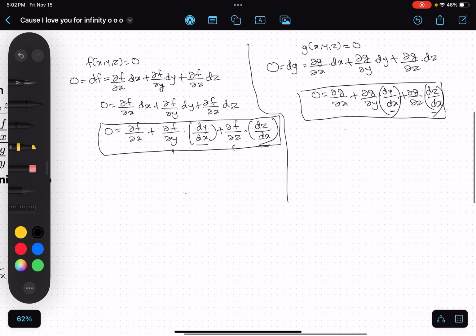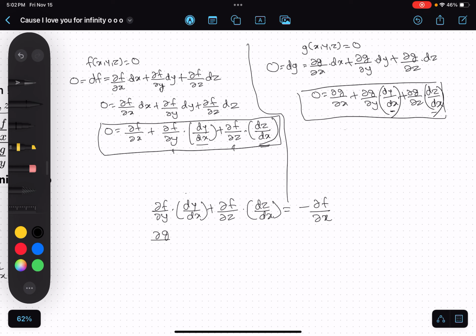From the first equation I will write it as partial f by partial y times dy by dx plus partial f by partial z times dz by dx equals minus partial f by partial x, right? Similarly over here, partial z by partial y times dy by dx plus partial z by partial z times dz by dx equals minus partial z by partial x, right?